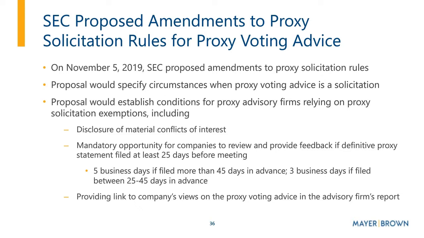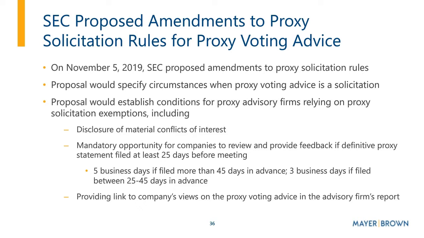And under the proposal, proxy advisory firms would have to give companies, regardless of size, the opportunity to review and provide feedback on the proxy voting advice before it's issued, as long as the companies file definitive proxy materials at least 25 days before their meetings, which most companies do.